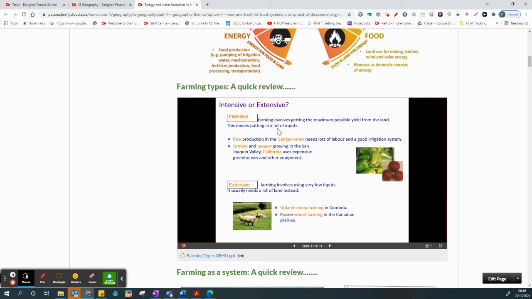If it's labor intensive, it means there are lots of workers per hectare, resulting in high outputs per hectare. A hectare is about the size of a football pitch, 10,000 square meters. So in every football pitch, if it's labor intensive, lots of workers are being used to result in high outputs.